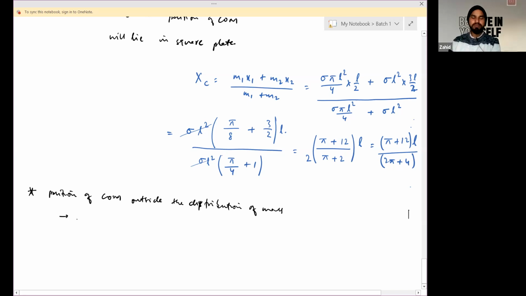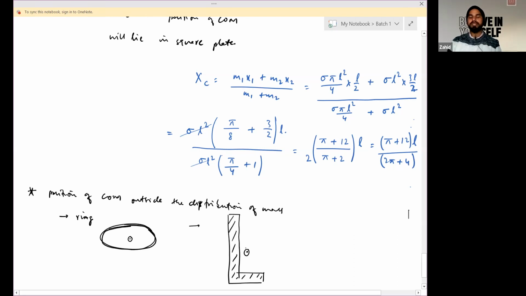So first body will be a ring. For this ring, mass is distributed uniformly at its boundary, but its center of mass will be at its midpoint, which is outside of its distribution of mass. Similarly, for an L-shaped body, if you calculate its center of mass, it would be at this point outside the body.